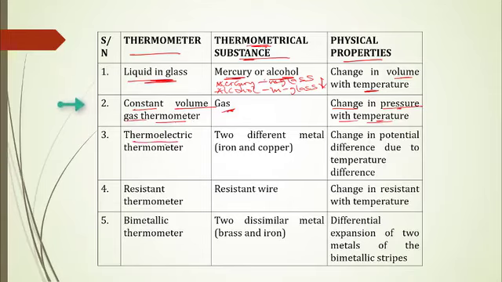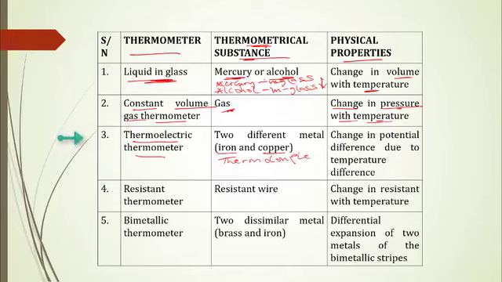We have the third kind of thermometer called a thermoelectric thermometer, which works on the principle that governs a thermocouple. We'll come to that later sometime in this term's lesson. It makes use of two different metals, which are iron and copper, respectively.